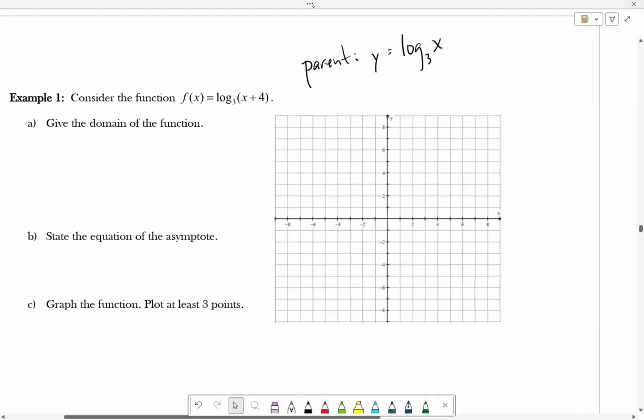Those points are 1, 0, also 3, 1, and 1/3, -1. And this is my parent function.